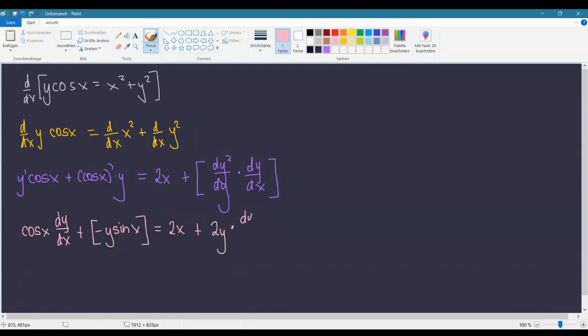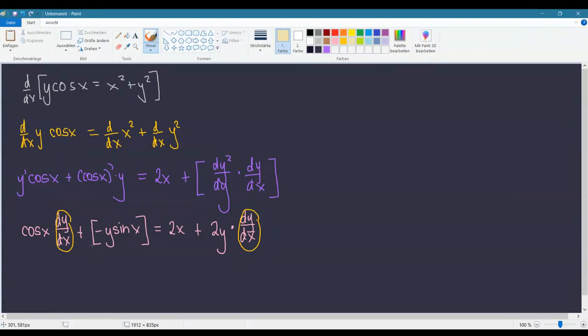times dy/dx. So notice here that we have two dy/dx's, right? We have this twice. We have this over here and we have this over here. We want to isolate those. So we need to get them on one side and everything else on the other side. So we're going to factor by grouping. So the first thing we're going to do is get them all on one side.